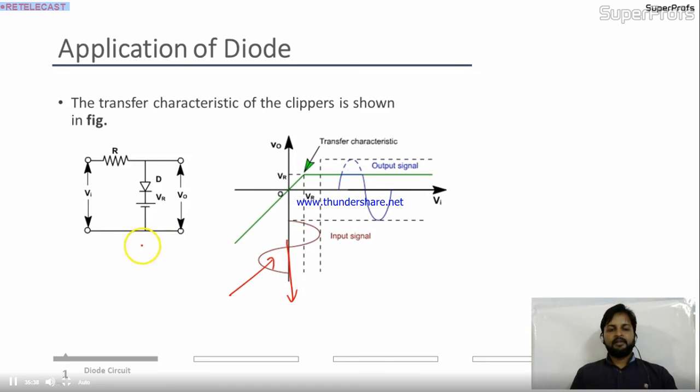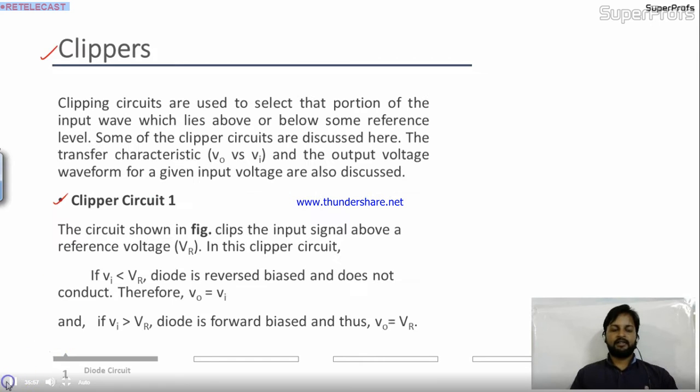See friends, this is the resistor R connected with a diode, and here one reference voltage is given. At this point you are calculating V0, and at this you are applying the V input. Now how this circuit will work and why I am calling it a clipper, you will know. Now come to the theory part.